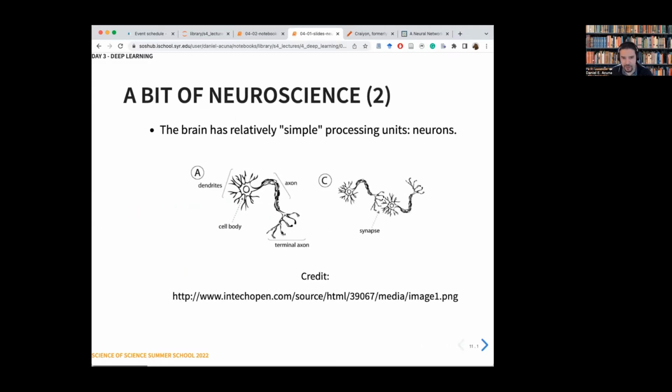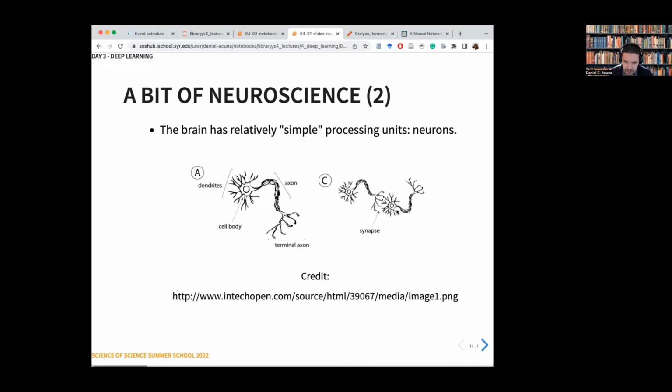If we look at the neuron, this is how that cell looks. One neuron, this is the body of the neuron, does something we don't know, but then it sends a signal to other neurons through the axon, and those signals are received by the body of another neuron, which receives signals from many other neurons.